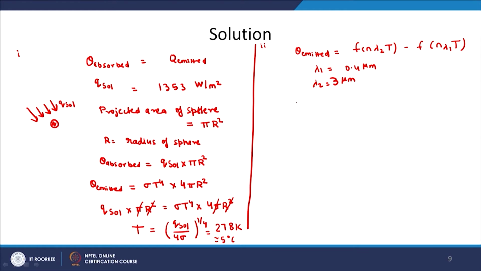So, total energy emitted, Q emitted, will be equal to f. Now, we are talking in terms of vacuum. So, we can take refractive index n to be equal to 1. Now, lambda 2 is 3 micron, and we have to multiply by temperature. We do not know the temperature as yet, minus f 0.4 micrometer into temperature.